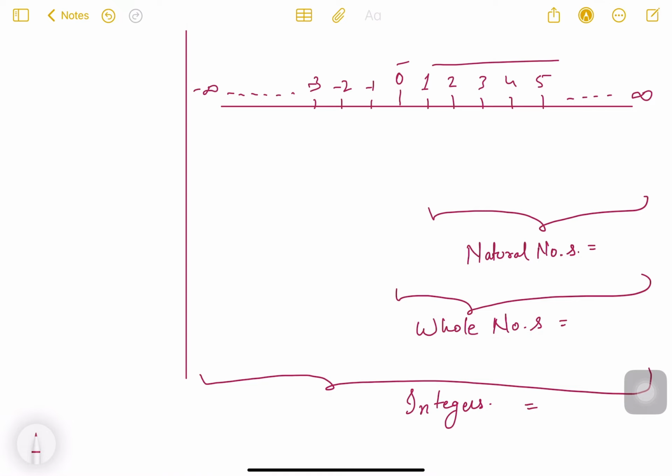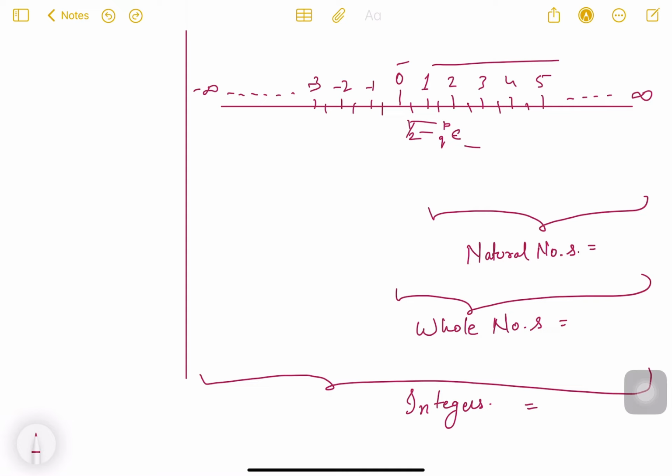Now, in between these numbers are a few more numbers. Because this is a number line, if we expand this, there will be many more numbers. If I write 1 by 2, this is of the form P by Q, where P and Q both belong to integers. I'm not writing that right now because we are yet to do these.